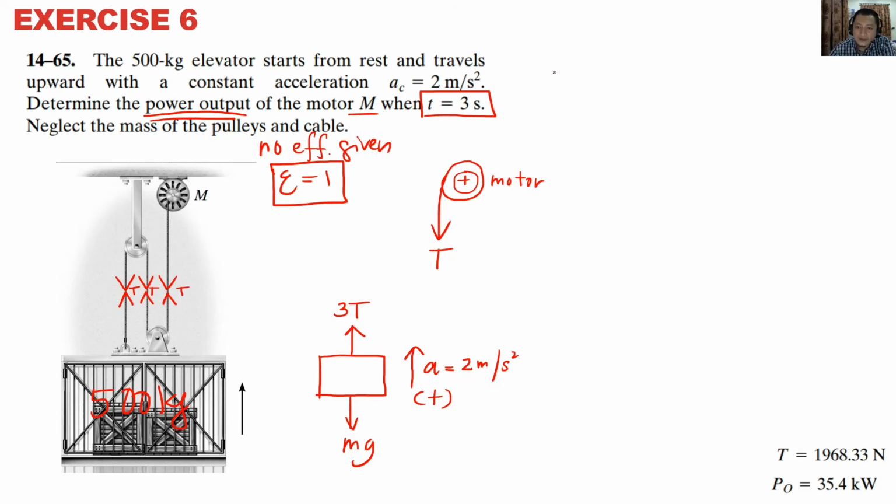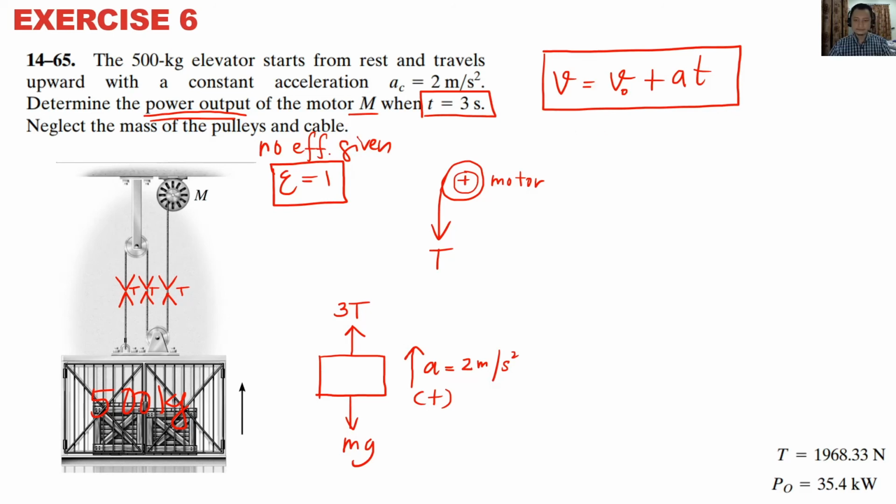Okay. V is equal to V naught plus at. So velocity at time is equal to 3 seconds. Use this formula.